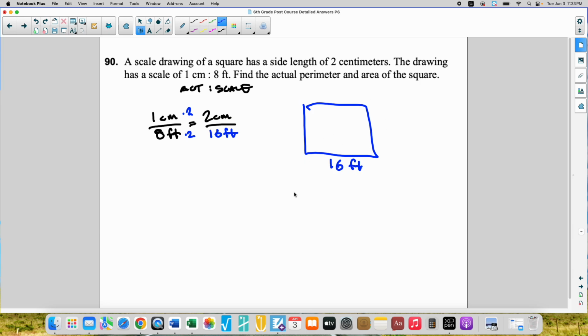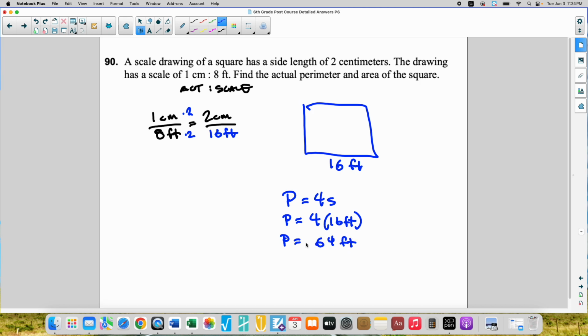The perimeter of a square is 4s because you have 4 sides. So if we substitute 16 feet in for s, that's my side length, that's going to give me 64 feet.